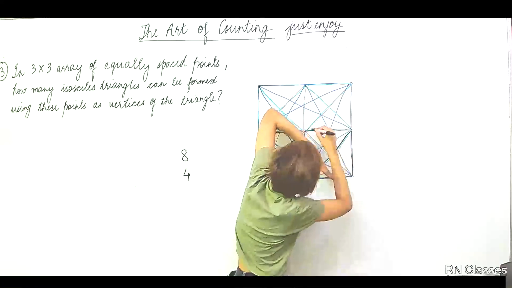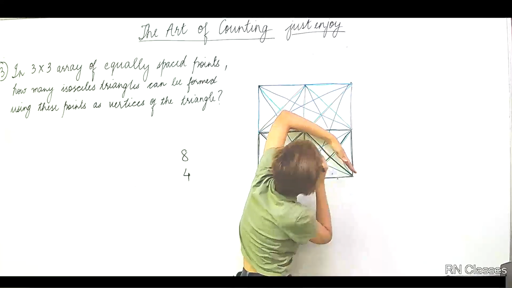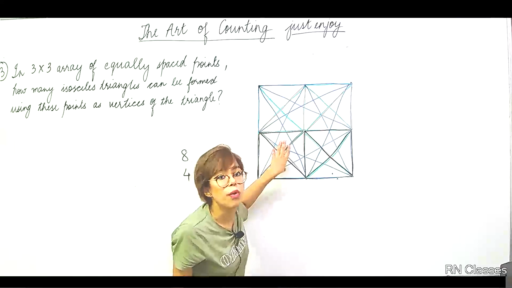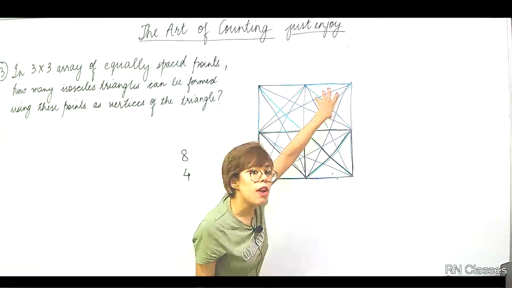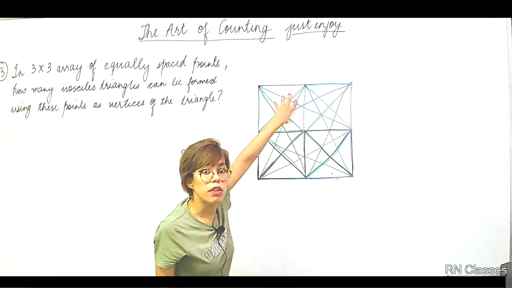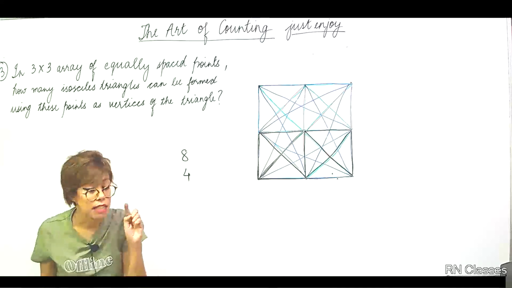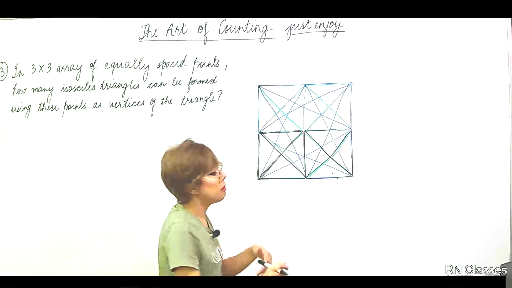If I take this as a base, I'll have another one. पहले base बनाओ 1 and then 2, right? यहाँ से मुझे कितनी मिली थी 4, यहाँ से 4. From here I'll get 4 and here I'll get 4. So 4, 4, 4, 4. That is 16, right? Okay, 16 और मिल गए.